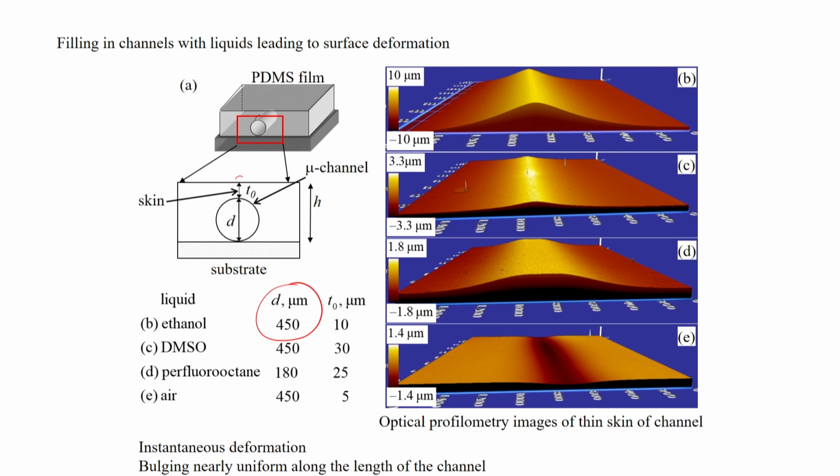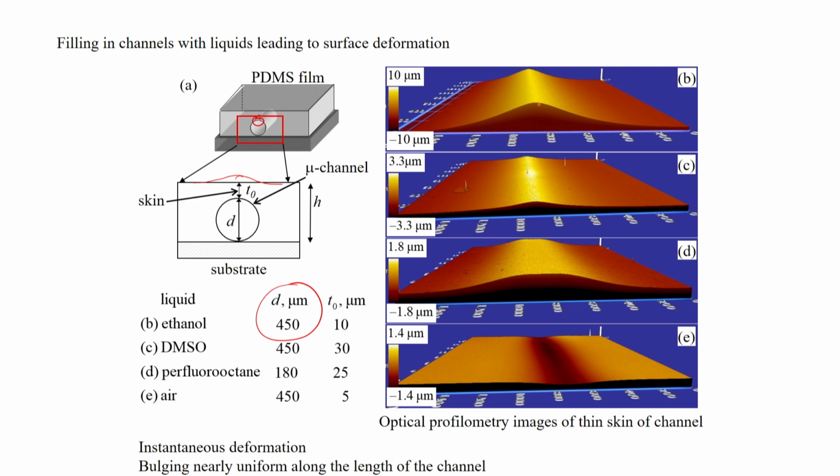As a result, the interfacial tension decreases, so the curvature of this channel can increase. This leads to this kind of bulging out of the surface of this elastic adhesive film, and it goes up like that.